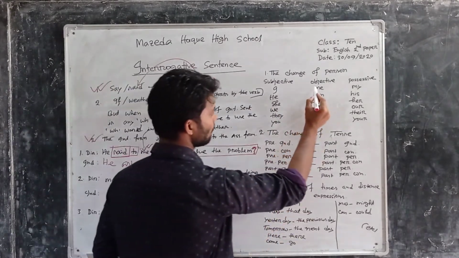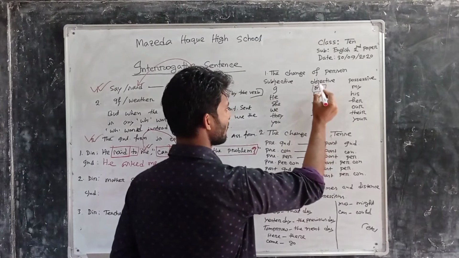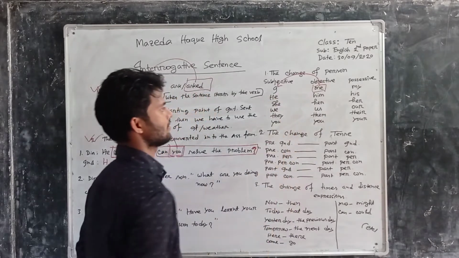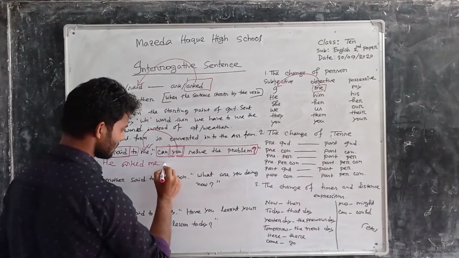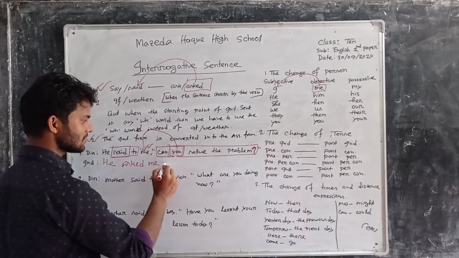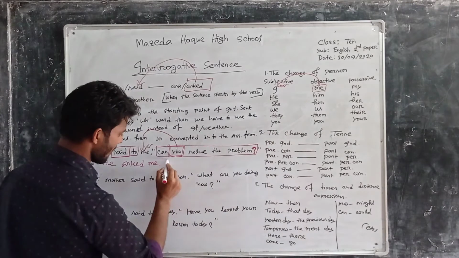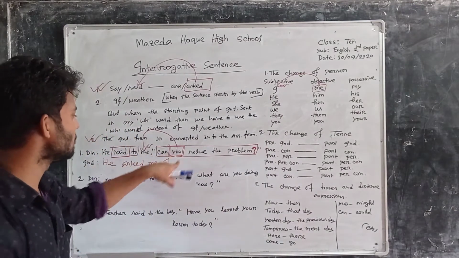We see me is an objective form and the subjective form of me is I. So, as here we have to use subject, we will use I, the subjective form of me, instead of you.